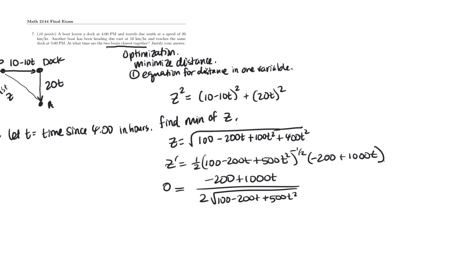And so if I solve this, I know that a fraction equals 0 whenever the top part equals 0. So I can basically just set this top equal to 0. So I can say 0 equals negative 200 plus 1000t, and add that over, and I get t equals 200 divided by 1,000, which is 1/5 of an hour.